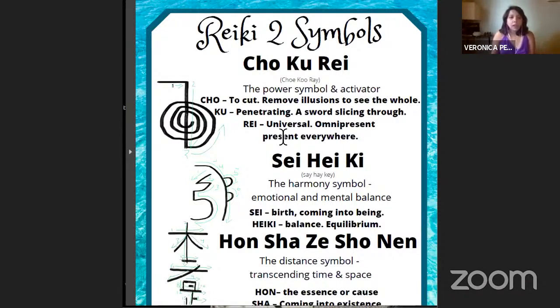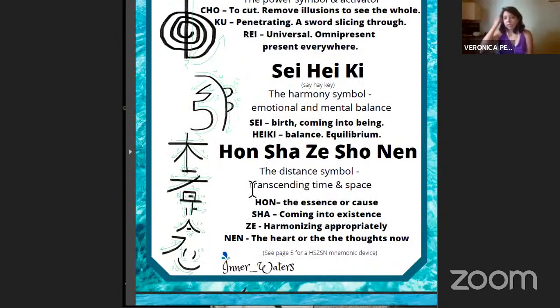Okay. Then we have Seiheki, which is our harmony symbol, emotional and mental balancing. Sei meaning birth or coming into being, and then Heiki, which is balance and equilibrium. Then we have Hon Sha Ze Sho Nen, which is the distance symbol and transcends time and space.